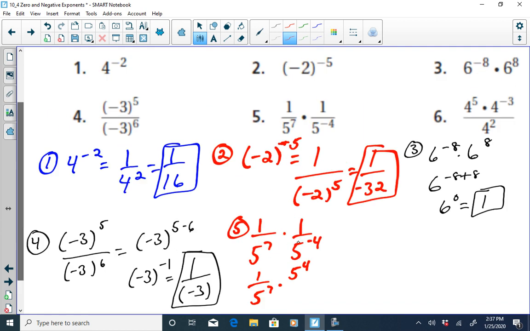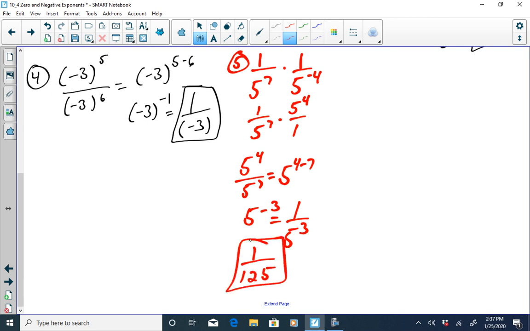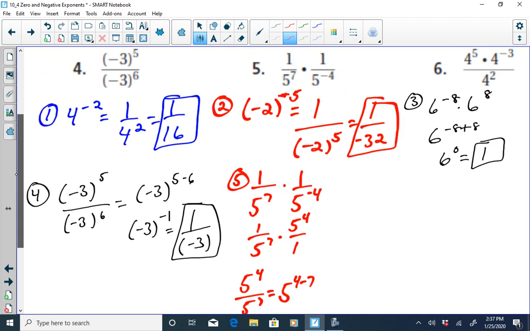So now, this is the same as 5 to the 4th over 5 to the 7th, which is the same as 5 to the 4 minus 7, right? And that's going to be 5 to the negative 3, which is 1 over 5 to the 3rd. 5 times 5 is 25, times 5 is 125. So 1 over 125 for that one.